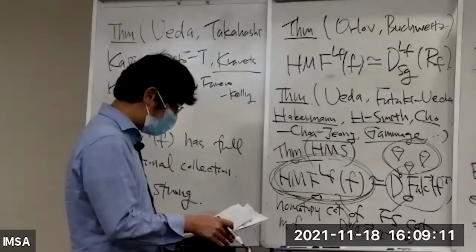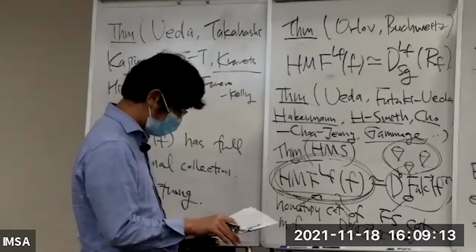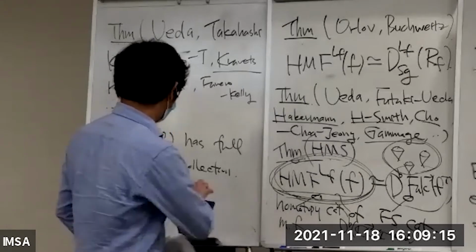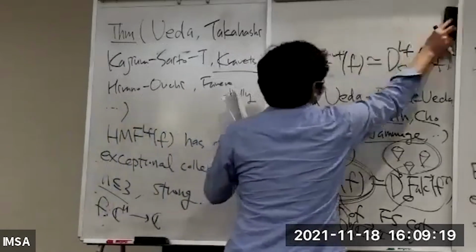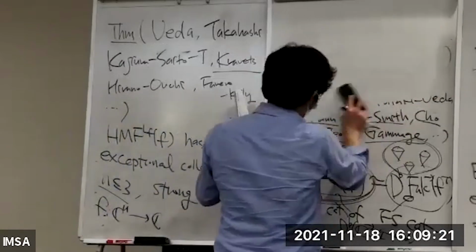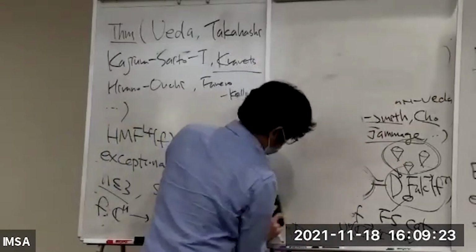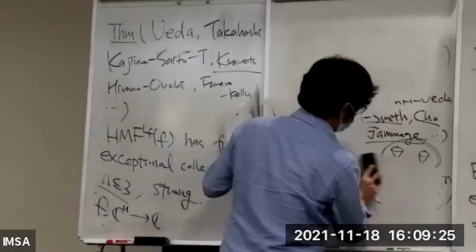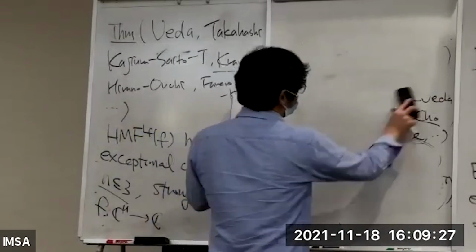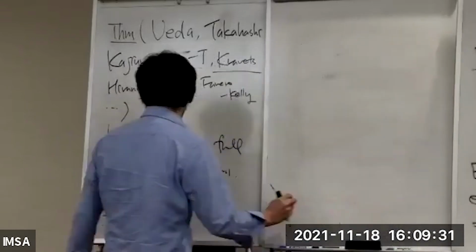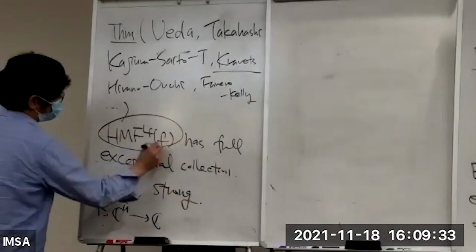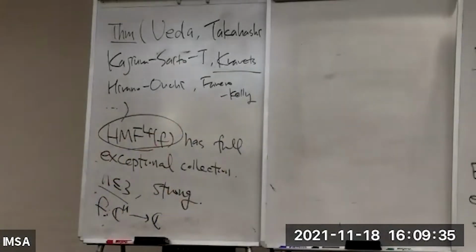Okay, so anyway, we have many exceptional collections here. Let me write down the theorem. There are lots of works studying this category because it is one of the players in mirror symmetry.